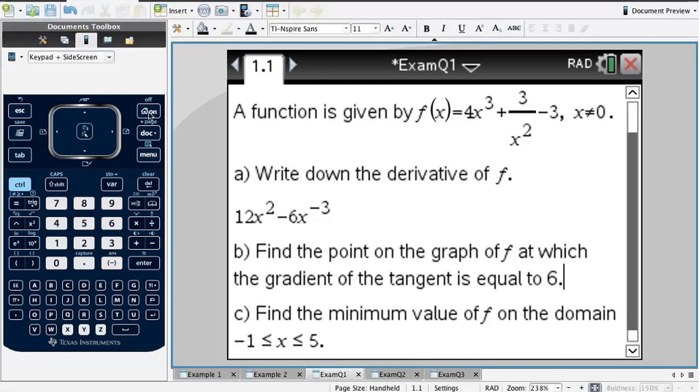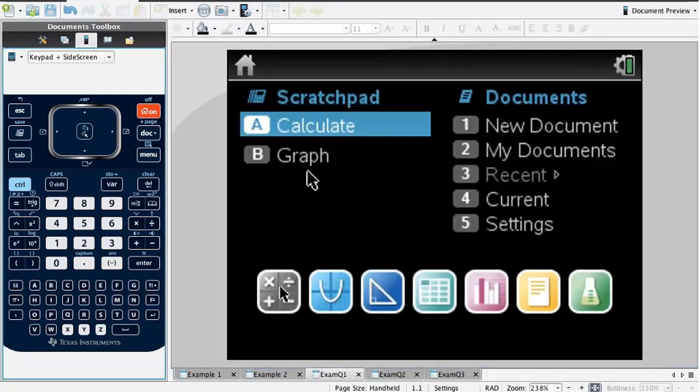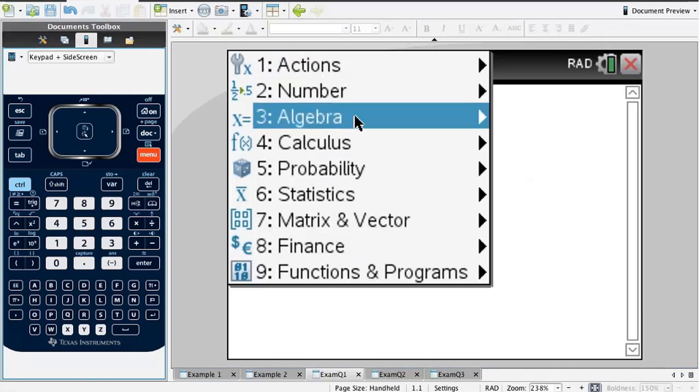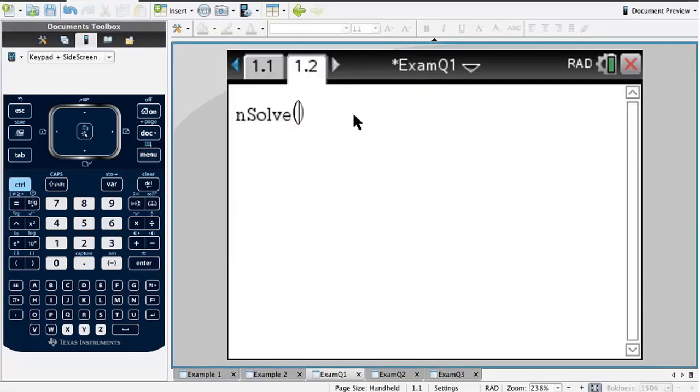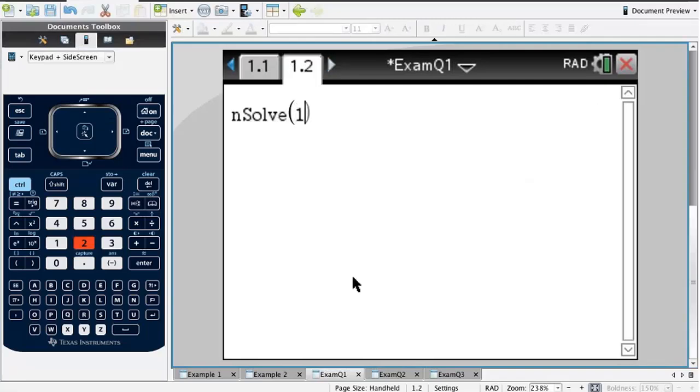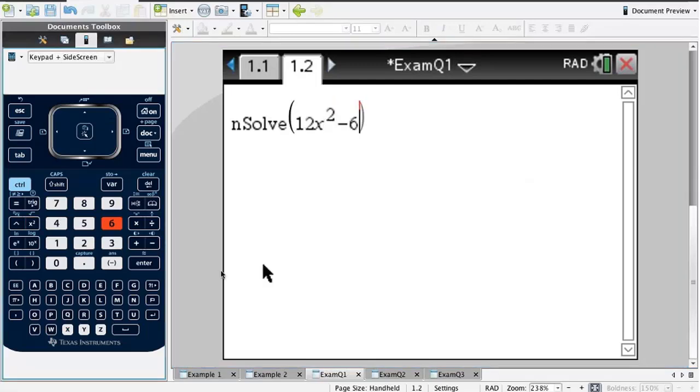So I'll go on calculate, menu, algebra, nSolve of 12x squared minus 6x to the negative 3, and I want that to equal 6. So, equals 6, and I want to solve that for x.